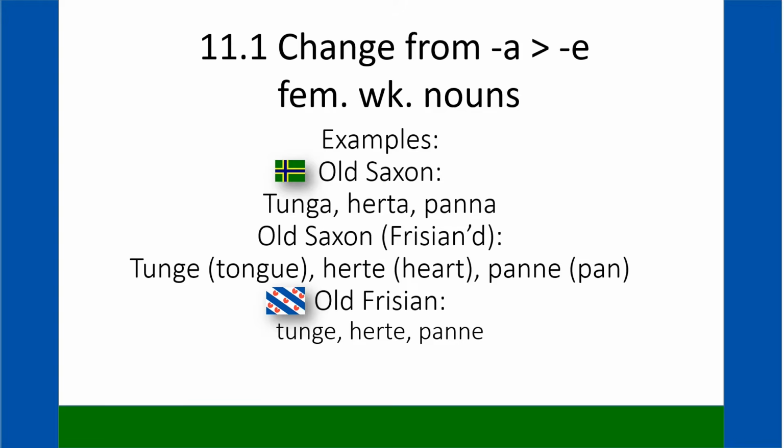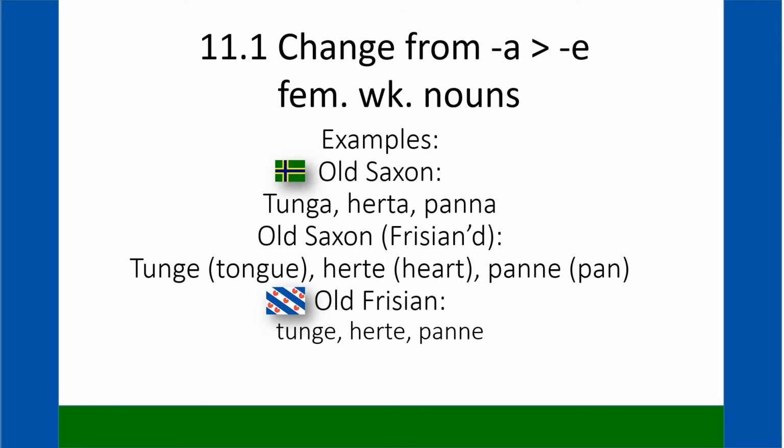Moving on. Similar to the previous section of the video, this section here has several parts to it. So we see a change here due to Frisian influence from final A to final E. We definitely see this in weak feminine nouns, starting with the Old Saxon proper, tunga, herta, and panna. In Frisianized Old Saxon, tunge, herte, and panne.